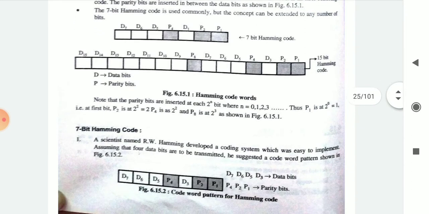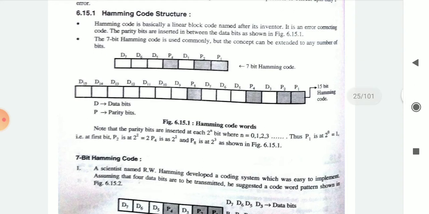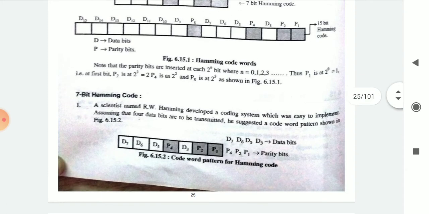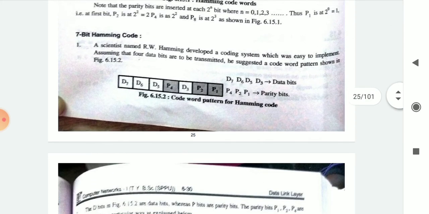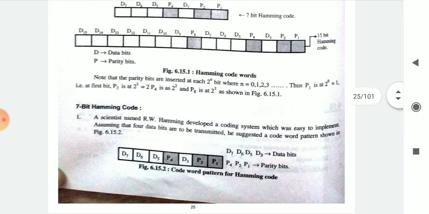See the Hamming code word block diagram properly. After the 7-bit Hamming code, a scientist named R.W. Hamming developed a coding system which was easy to implement. Assuming that 4 data bits are to be transmitted, he suggested a code word pattern as shown here.